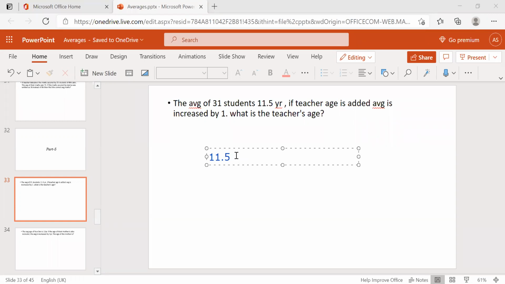How many members in total now? 31 students plus the teacher, total 32.